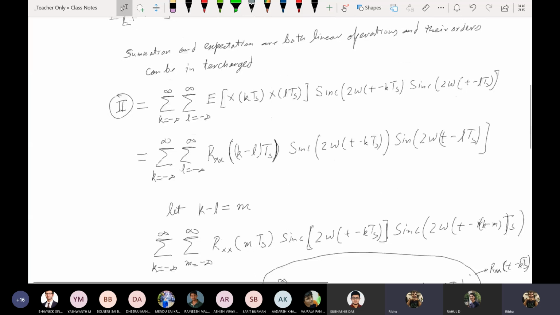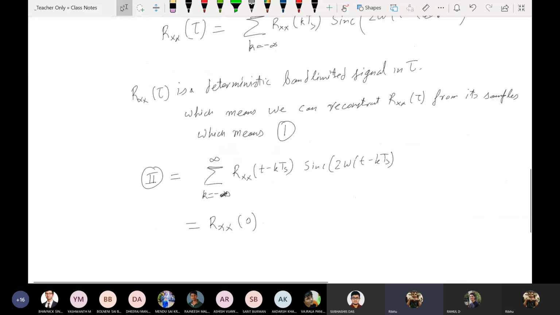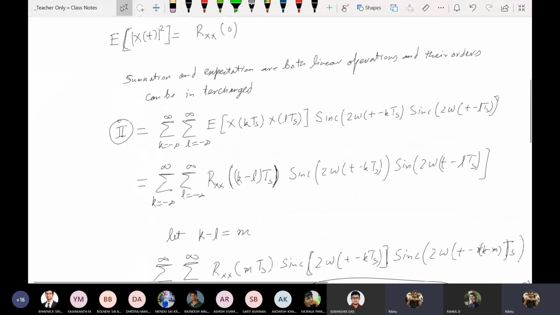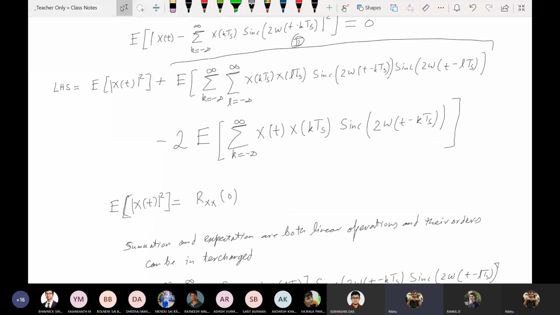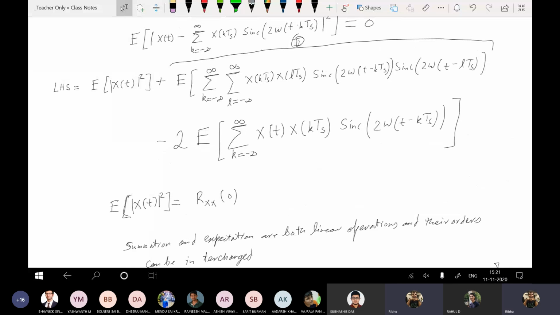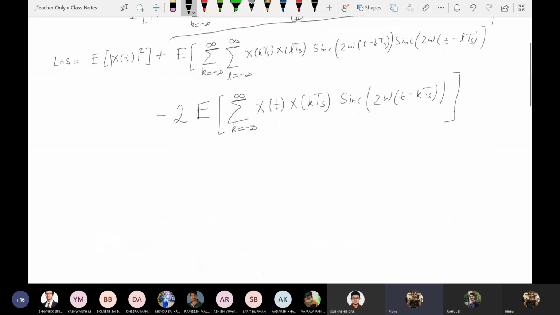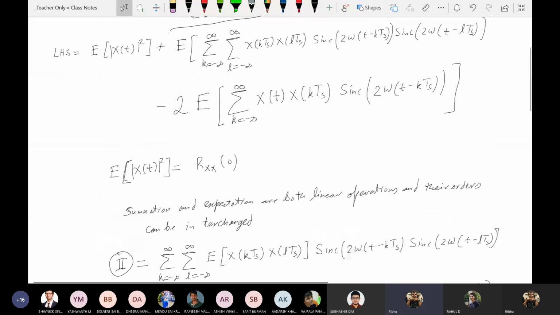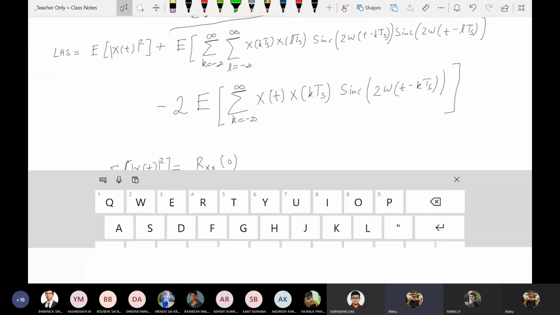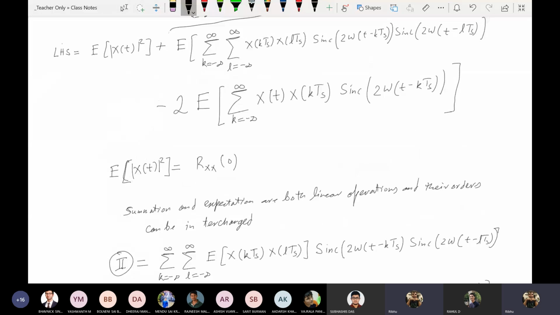Similarly, you can show that this 3, within the third term, this part, within the third term.